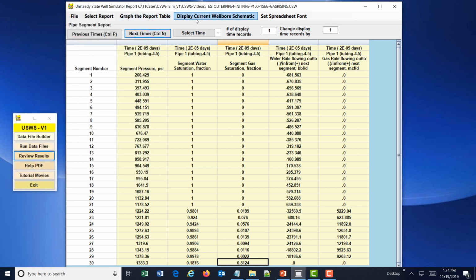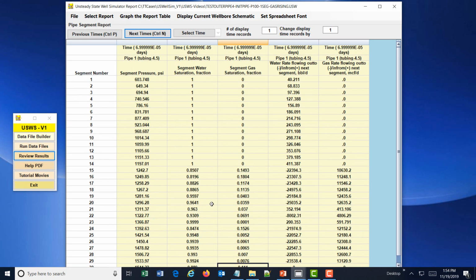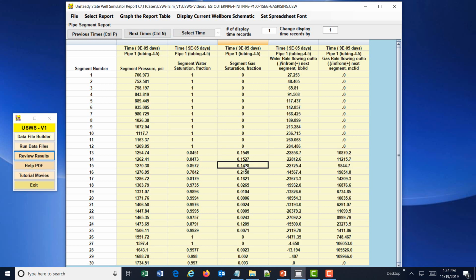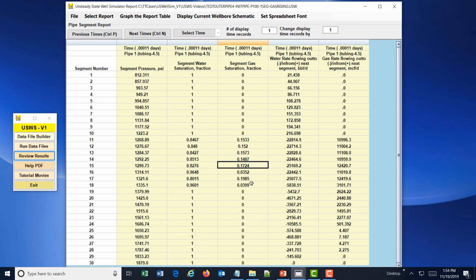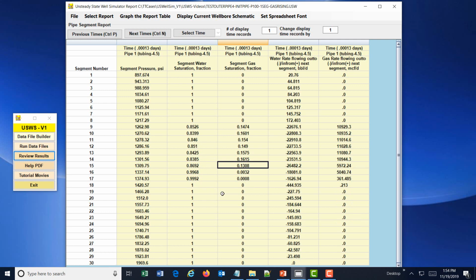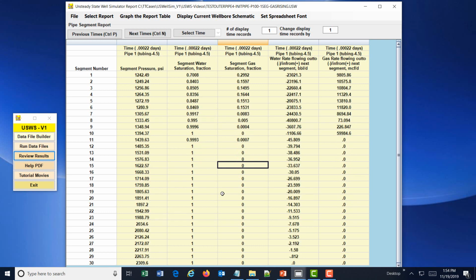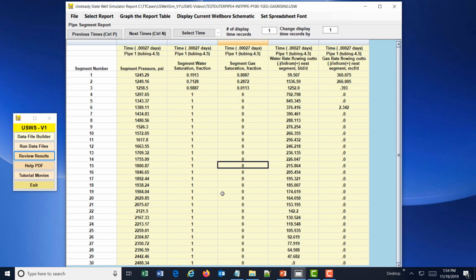If you look at the table of values, we can see the same thing happening in the table of values. We can see that the gas is rising up, the slug gas rising up, multiple bubbles essentially, rising up and accumulating at the top.